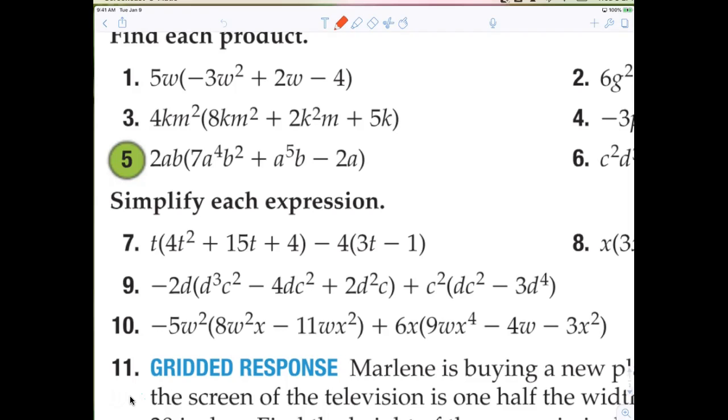All right, so equals. When you multiply, you're just distributing. So we're going 5 times -3. What's 5 times -3? So now it would be -15. W to what power? The third. Thank you. W to the third.